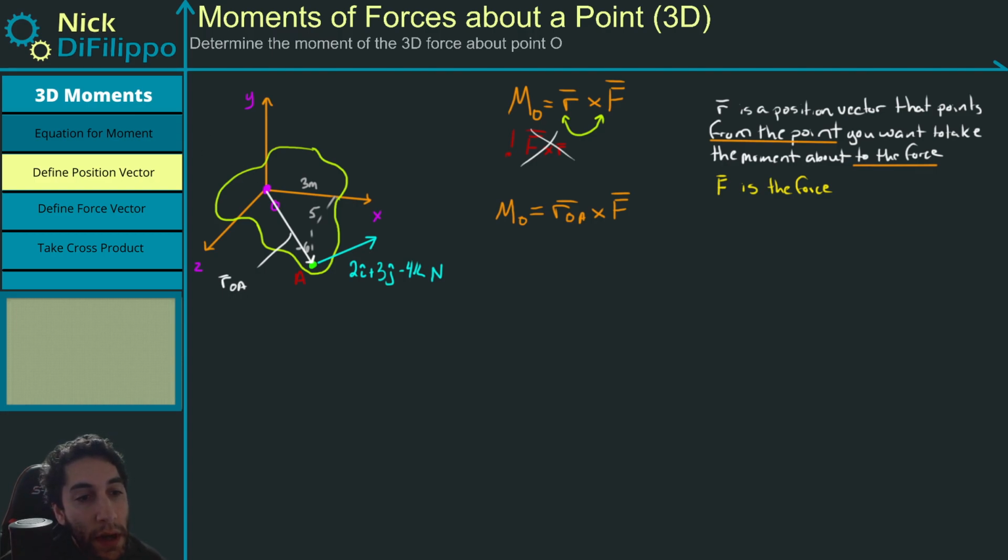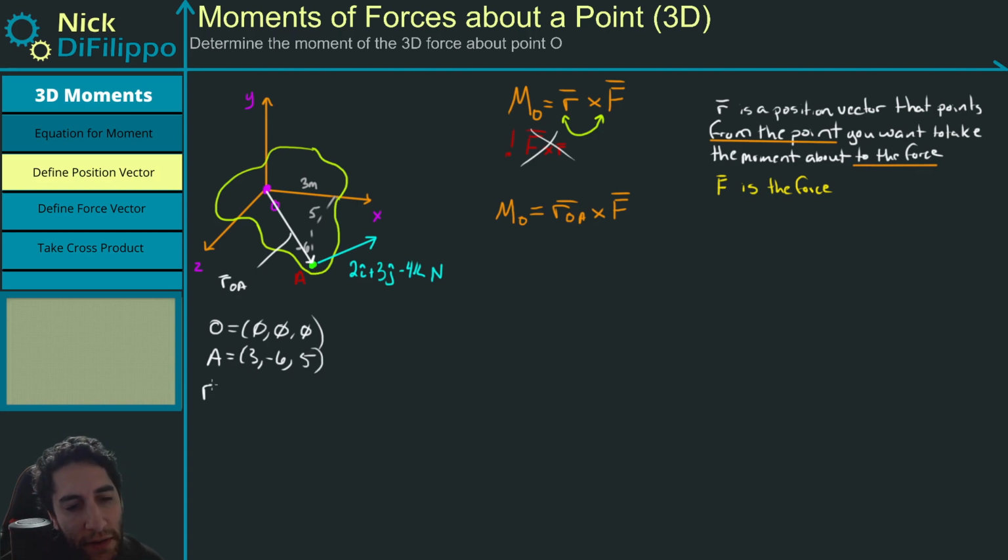First, where is point O? Well, point O is right at the origin, so point O is at 0, 0, 0. Where is point A? Point A is, well, I need to go 3 in the x. I need to pay attention to where my y and my z are. y is pointing up, so I need to go down 6, so minus 6. And then I have to go 5 in the z direction, so I'm at 3, minus 6, 5.